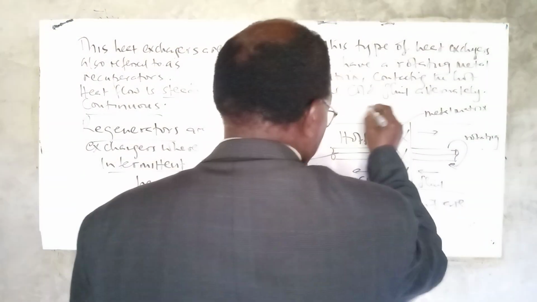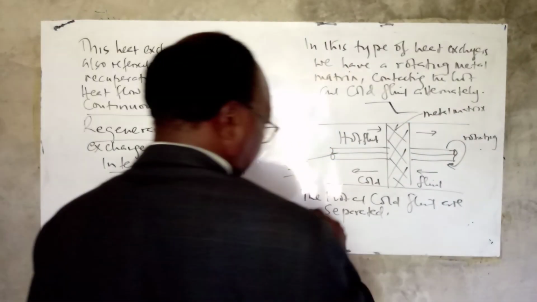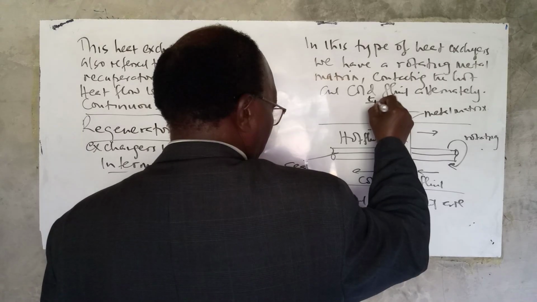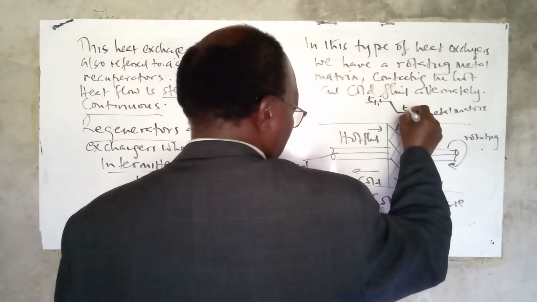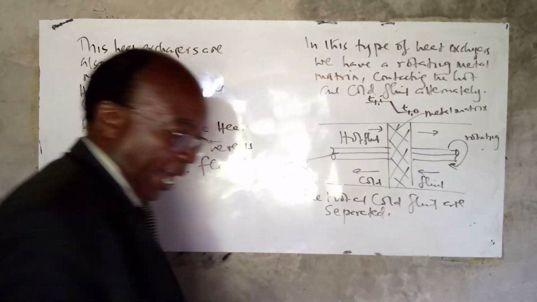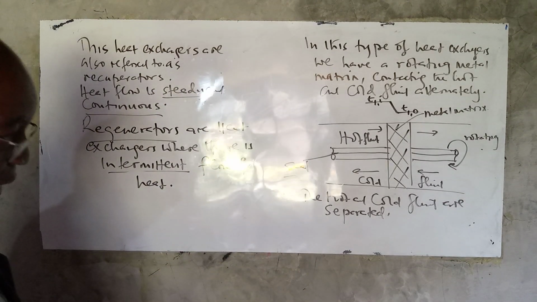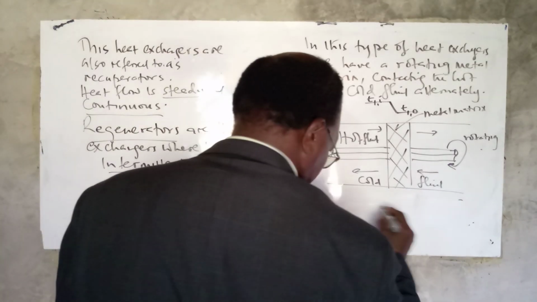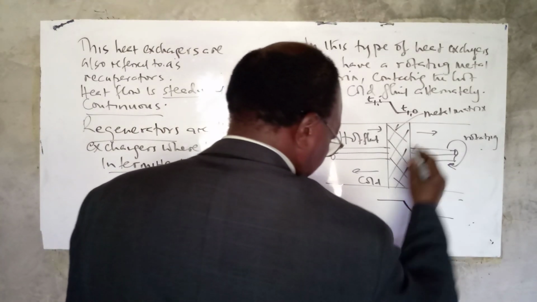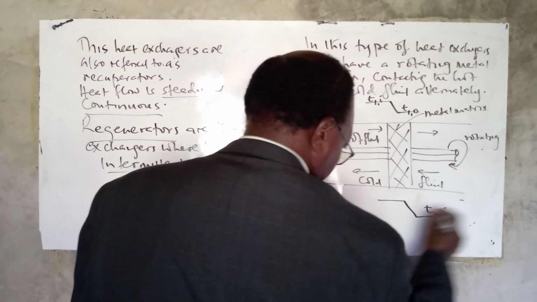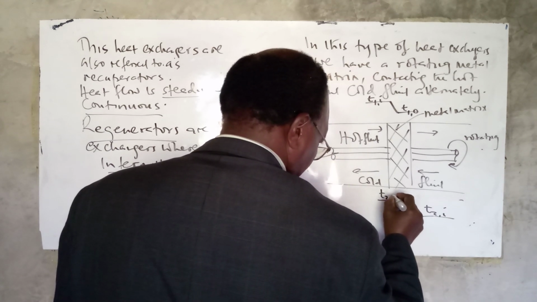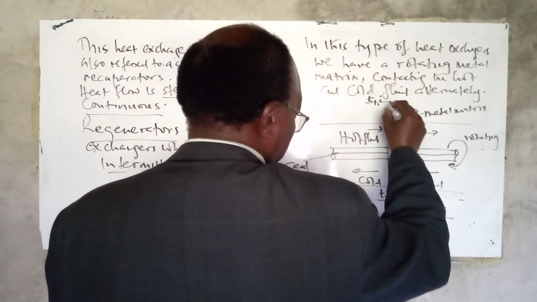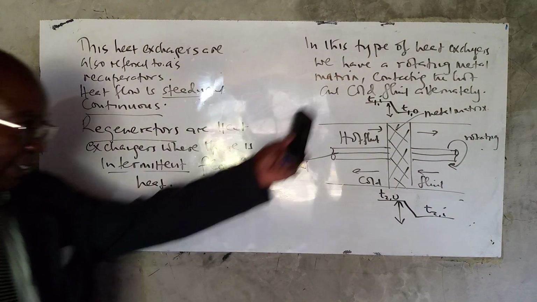Basically the temperature profile, hot fluid here, again I and O represent inlet and outlet, and for this particular one here also, the temperature profile, the inlet, the outlet, because that is the T, the temperature. So that's basically the temperature profile.